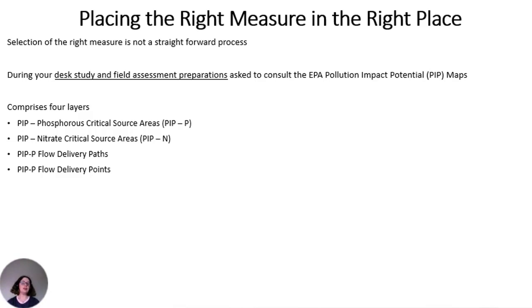And then there are 2 further layers looking at PIP phosphorus flow delivery paths and flow delivery points. And again, these can be really useful in terms of identifying cattle access points or exact locations at a field level where that phosphorus might be entering your receptor, which in this case can be your river or lake.